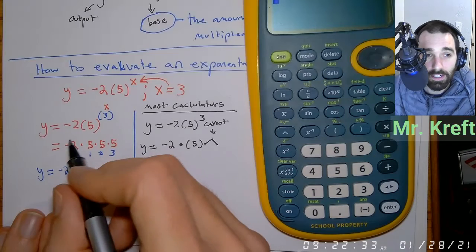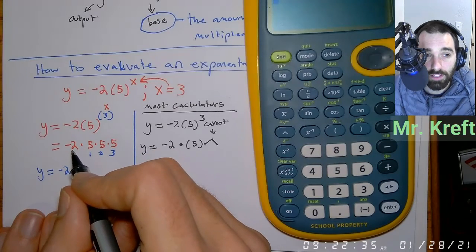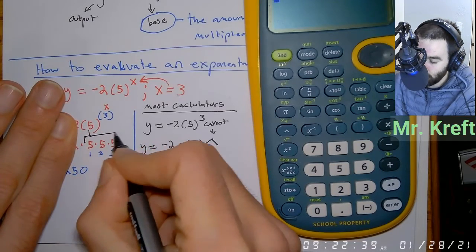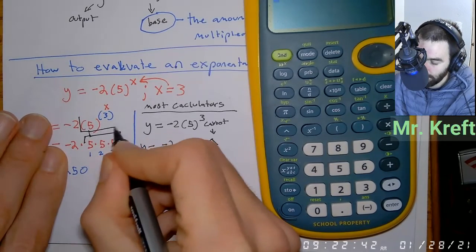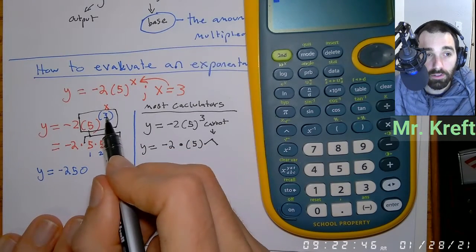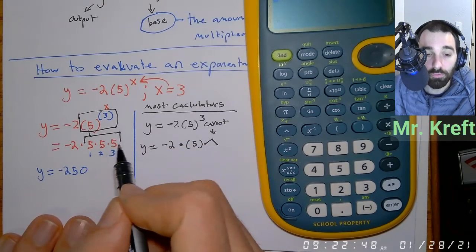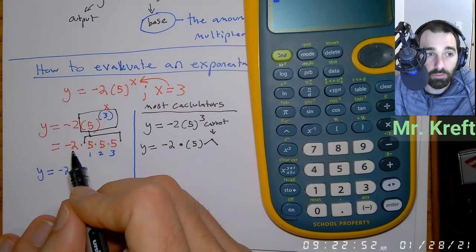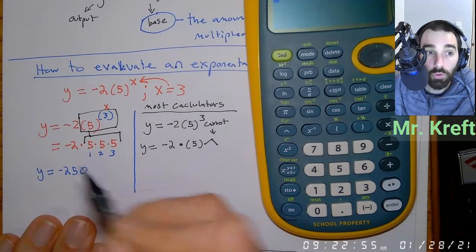So if I have the -2, that stays, and I'm just doing this part right here. 5 to the third means 5 times itself 3 times. So in my calculator, I'm just going -2 times 5 times 5 times 5.